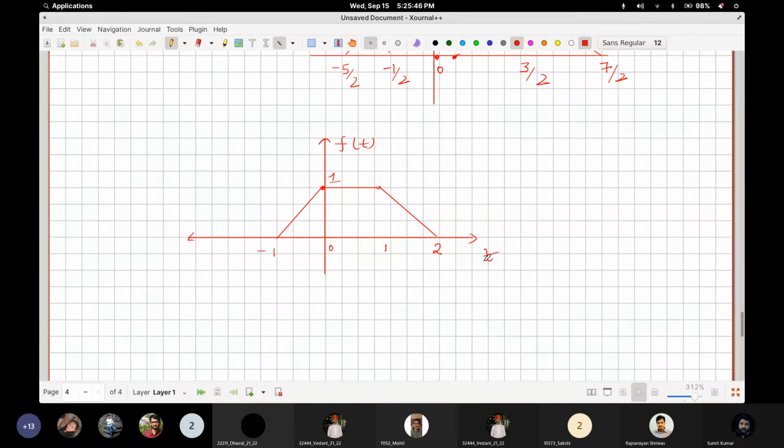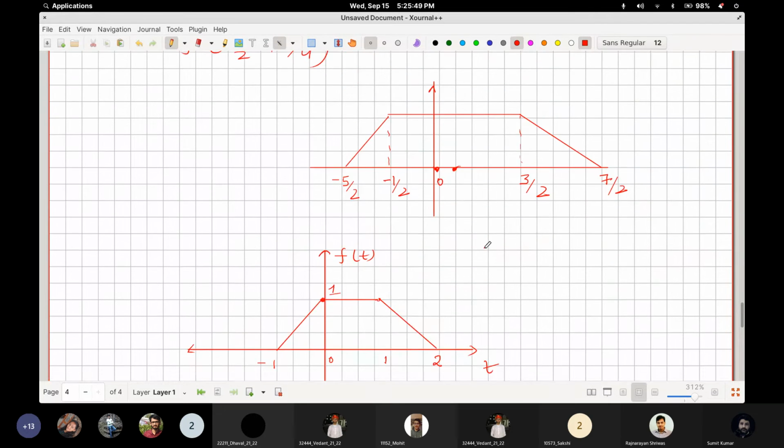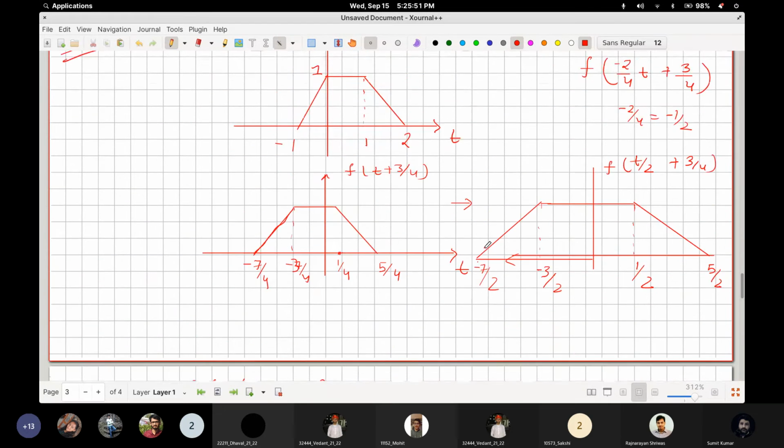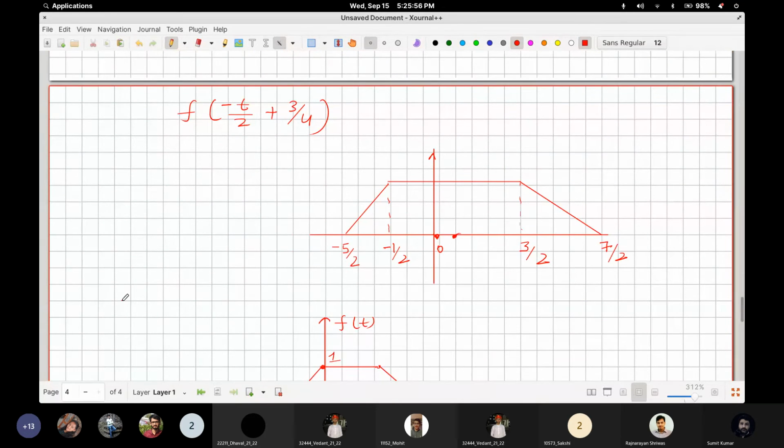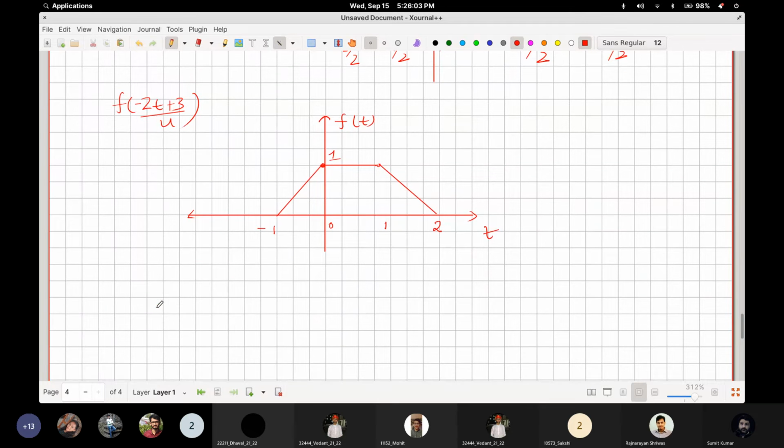So if I have to find out f of 2t, क्या था निकाल रहे थे हम लोग? F of minus 2t plus 3/4. So we have to calculate f of minus 2t plus 3/4. Then easiest way of doing this is we will replace t with minus 2t plus 3/4. So, and let me just do that. Okay, so instead of writing this t, I can write this as minus 2t plus 3 divided by 4.